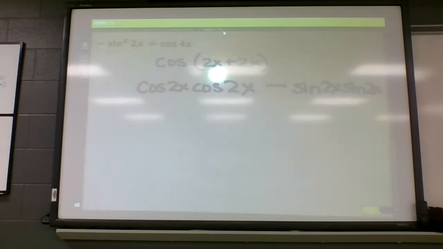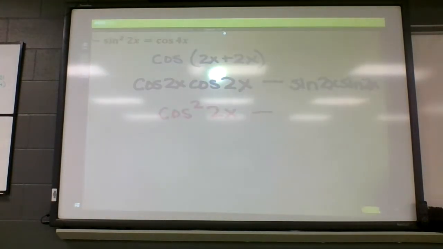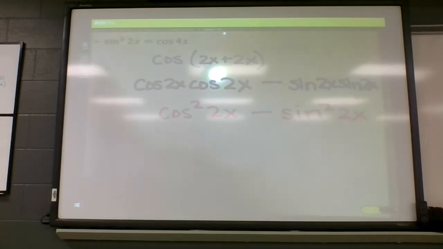All right, and I think we're pretty much there. Cosine of 2x times the cosine of 2x is technically a cosine squared of 2x, because you're multiplying it by itself, right? And the sine of 2x times the sine of 2x is the sine squared of 2x. And that is what we have on the other side of our equal sign, so we know we are good.